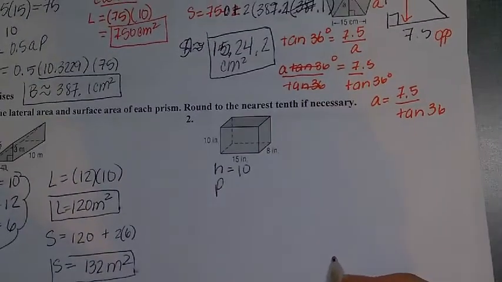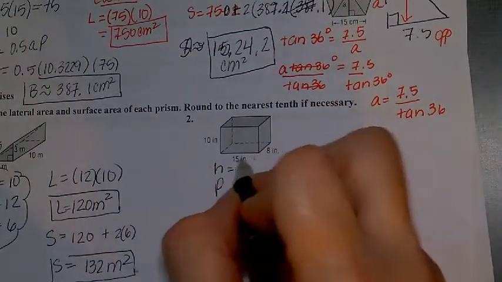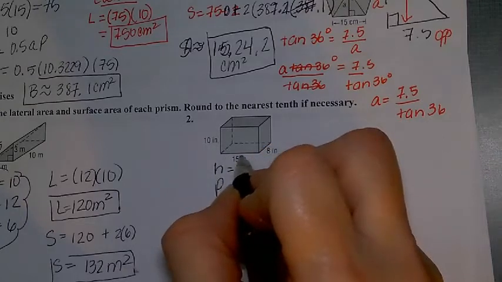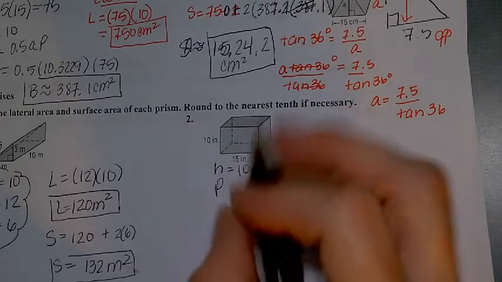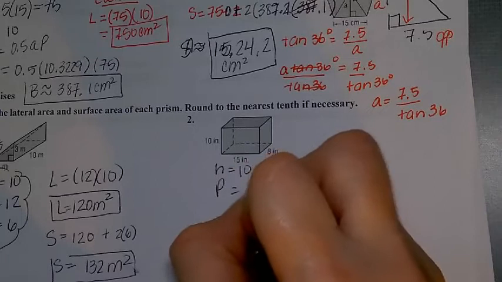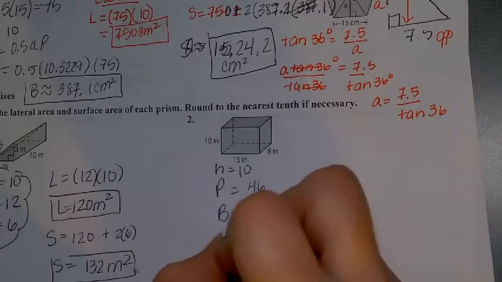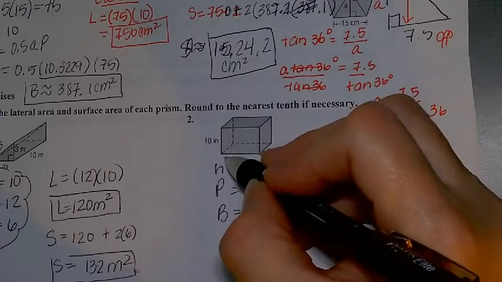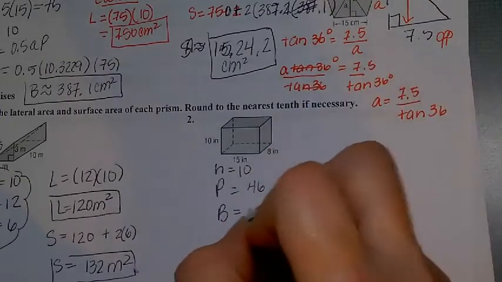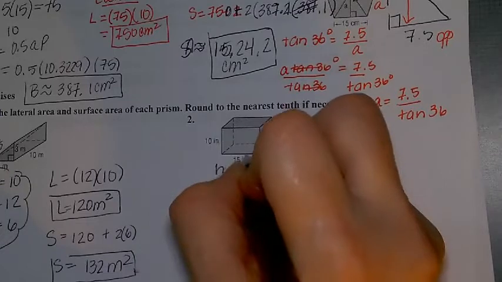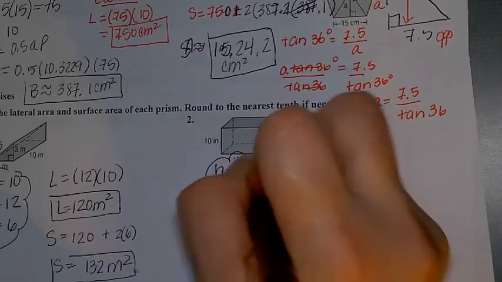You'll still get the same answer. So my perimeter of the base is 15 plus 8 plus 15 plus 8, which gives me 46. The area of the base is 15 times 8, which is 120. All the information I need.